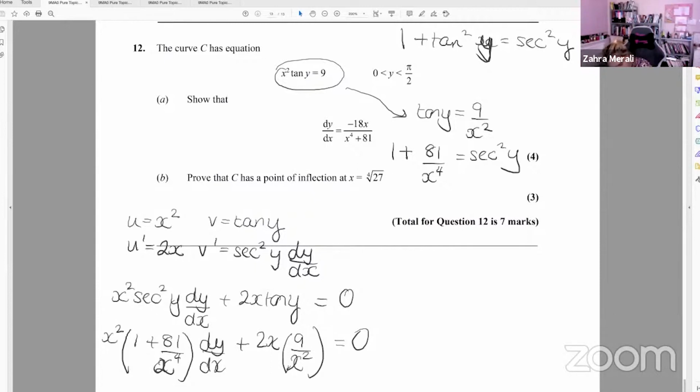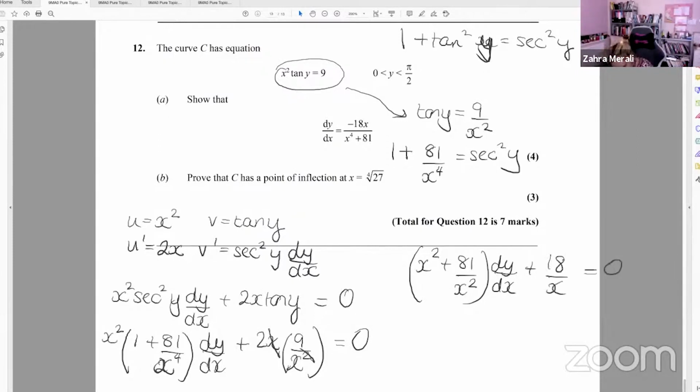If we open this out, we get x squared plus 81 over x squared, dy/dx. This is going to cancel with that, plus 18 over x equals 0.